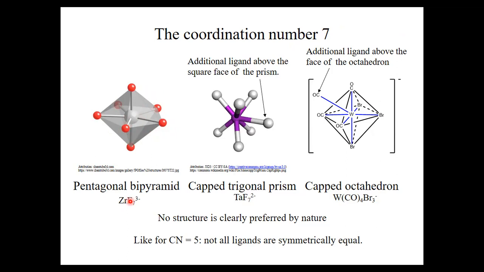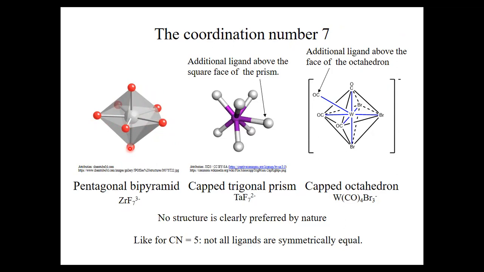So the pentagonal pyramid is easy to understand. We have a pentagonal plane with 5 ligands, which you see here, and we have 2 additional ligands that cap that plane, making a pentagonal bipyramid.